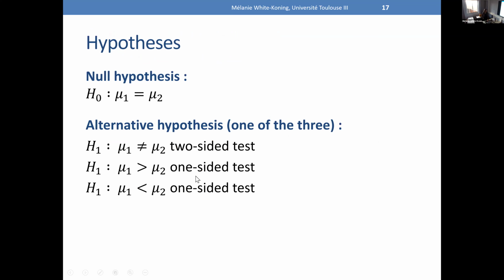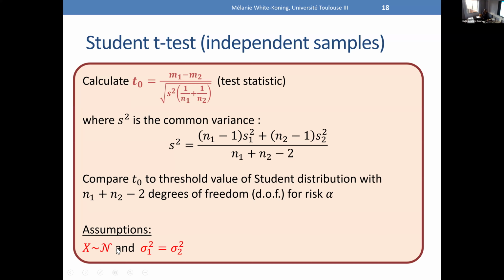And so these are the different possible hypotheses: the null hypothesis, and three possible alternative hypotheses, either different, greater, or less than. And this, in red, is the general formula. You can calculate a test statistic which looks at the distance between the observed means divided by a common variance multiplied by 1 over n1 plus 1 over n2.